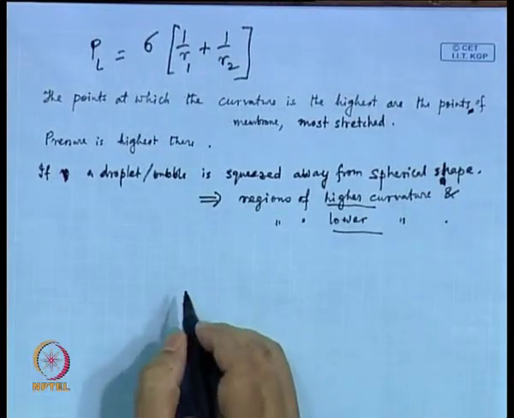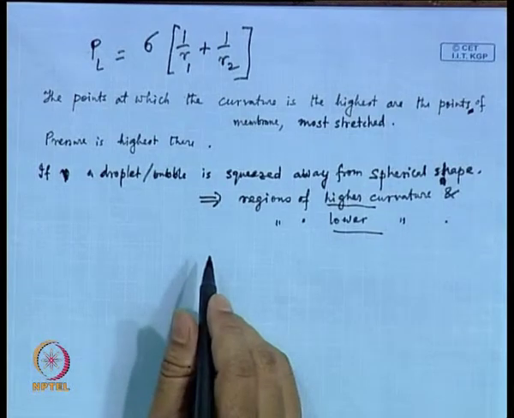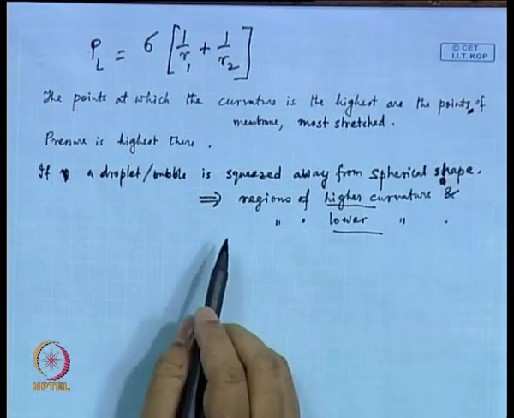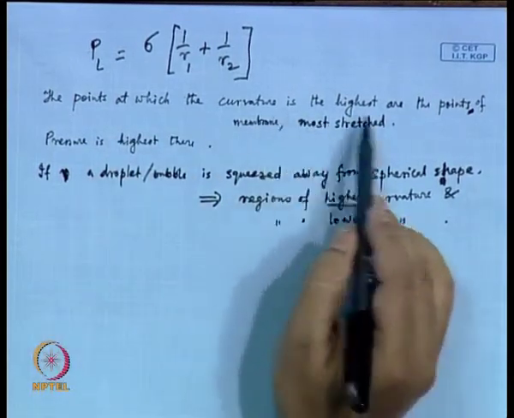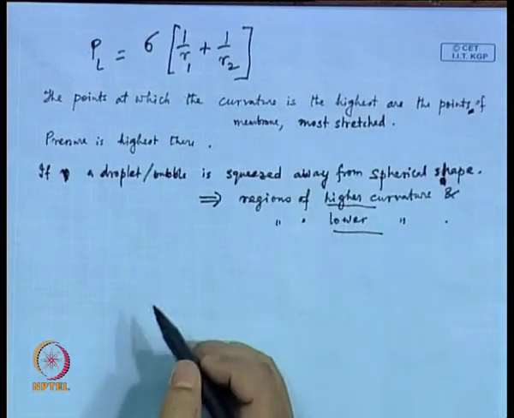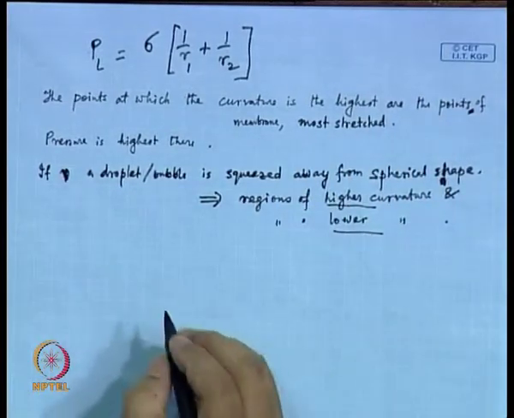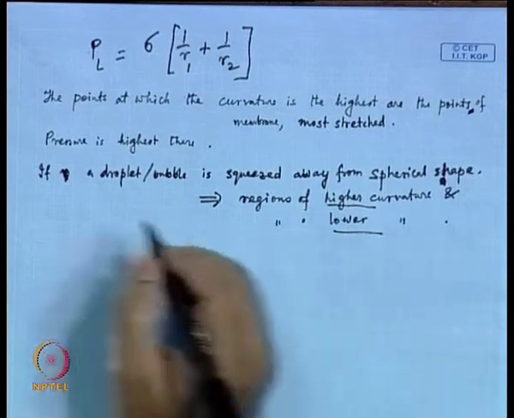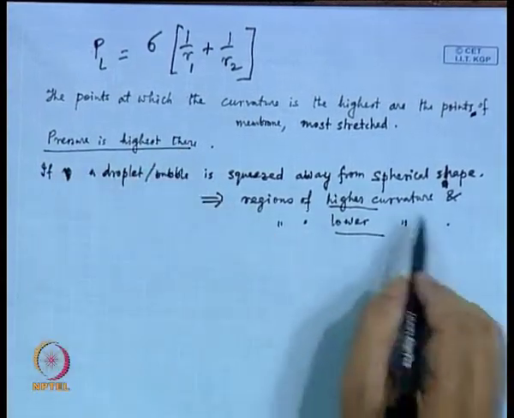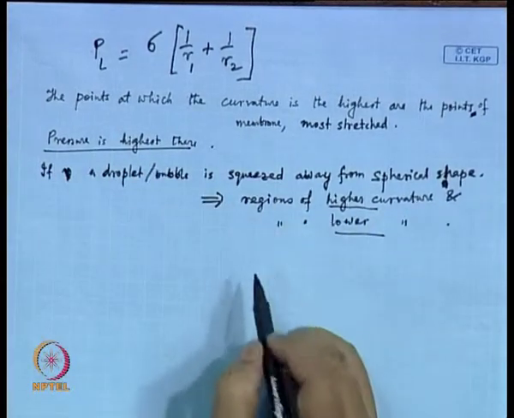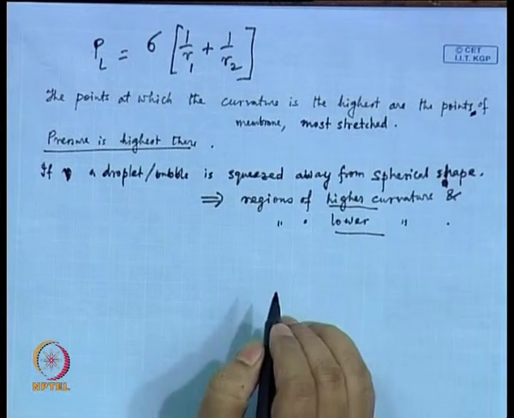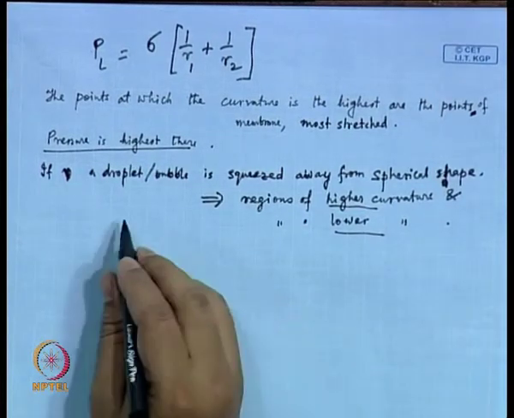So, automatically points at which the curvature is highest are the points of the membrane most stretched. So, pressure is the highest there. So, automatically regions of higher curvature and lower curvature, there you will have an imbalance.